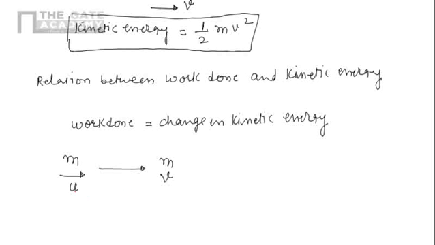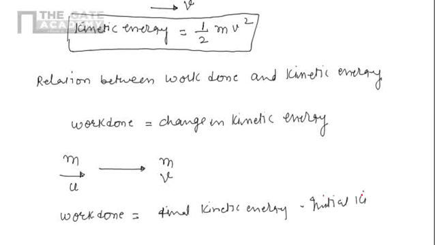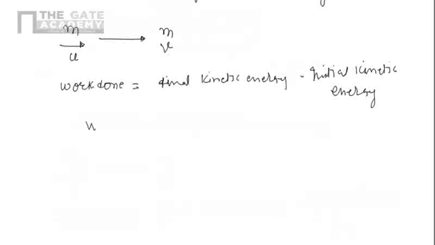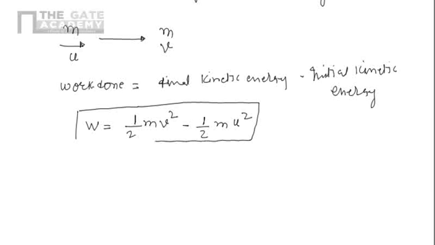In that process, work done can be calculated with the help of the change in kinetic energy, that is final kinetic energy minus initial kinetic energy. So work done W will be 1 by 2 m v square minus 1 by 2 m u square.